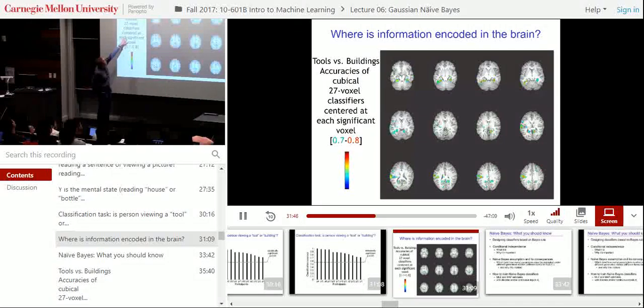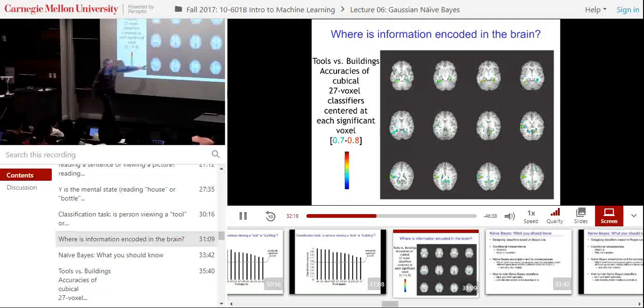In fact, here's an even easier thing. In this case, what we did was we just built a classifier based only on 27 voxels. It's like a Rubik's Cube, 3 by 3 by 3 voxels, which is about a centimeter cubed of brain tissue. And we trained a different classifier using this cubic centimeter of brain tissue versus that one. We trained one for every Rubik's Cube that we could move around inside this 20,000 voxel brain.